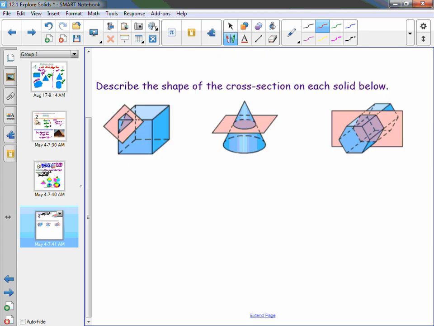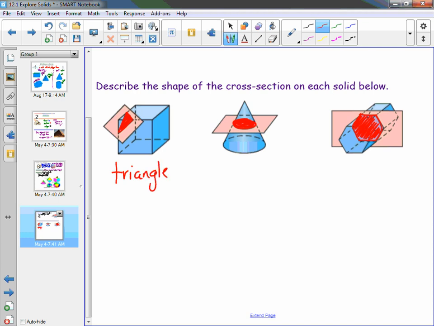So describe the shape of the cross section of each solid below. And as you can see, this is a triangle.